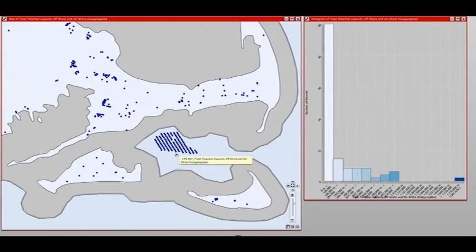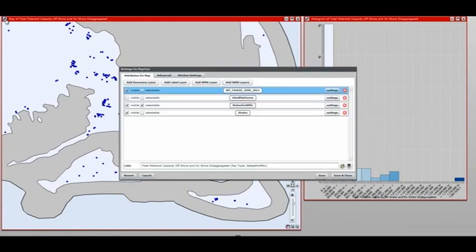Zooming in, you can see the layout of the planned Cape Wind offshore project, the first offshore wind project likely to be completed in the United States. Over 90,000 data points are displayed at the moment, but like other shapefiles, I can select subsets if I need to.